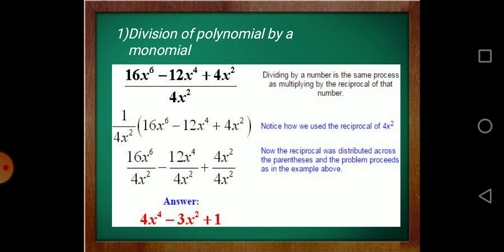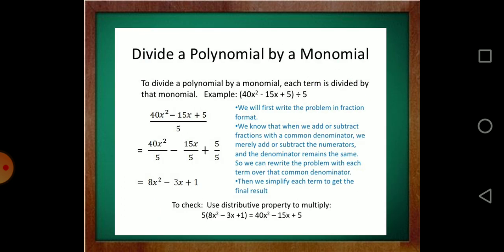Thus, in division of a polynomial by a monomial, every term of the polynomial, that is the dividend, is divided by the monomial, that is the divisor, and then a normal simplification is done and we get the answer. Let us see another example of a polynomial divided by a monomial.